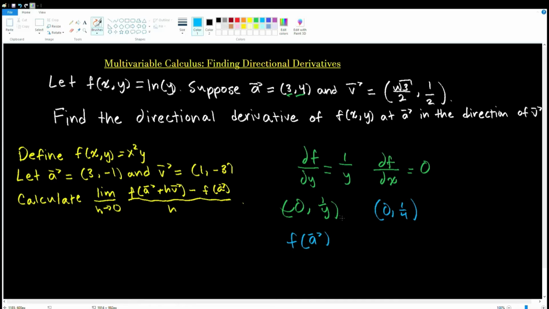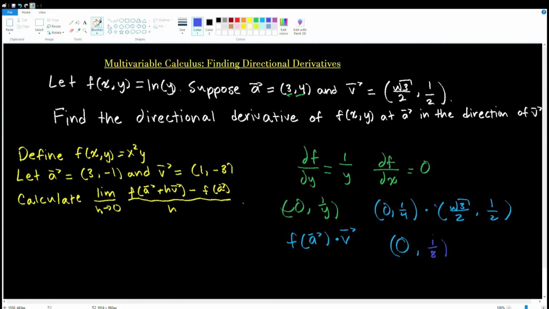The formula for a directional derivative for this example problem is this. We have to multiply by this v, but luckily multiplying vectors is a simple thing to do: times (square root of 3 over 2, 1 over 2). Well, 0 times the square root of 3 over 2 is just 0, and 1 over 4 times 1 over 2 is 1 over 8.